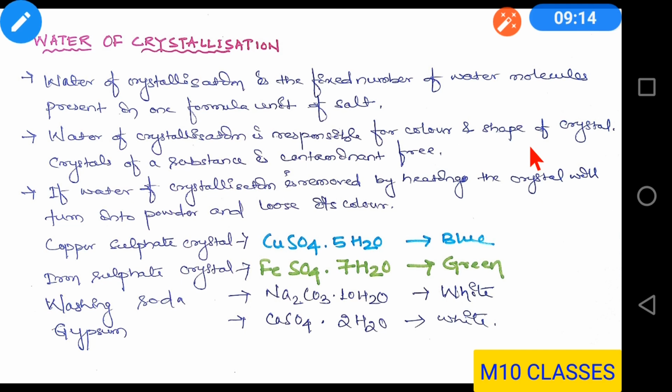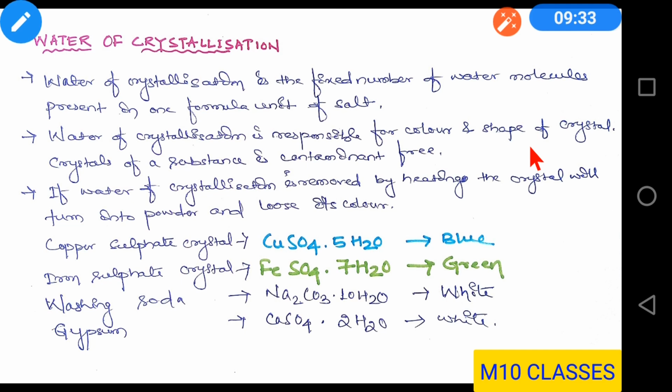And you know, crystals, you have read it in class 8th, the process of separation of substances. When the substance is formed by the process of crystallization, it doesn't have any kind of contaminants. It is contaminant free.